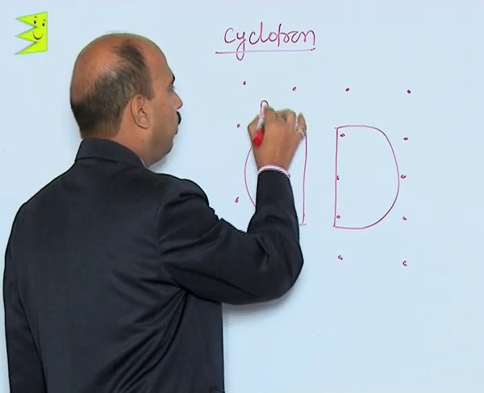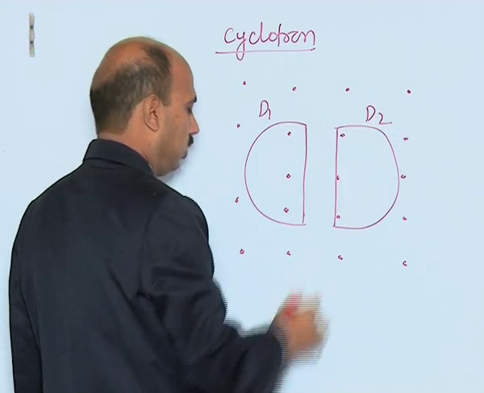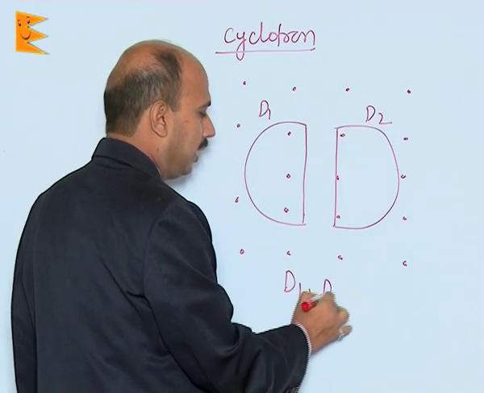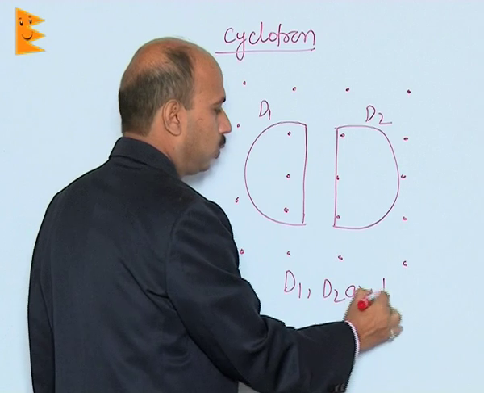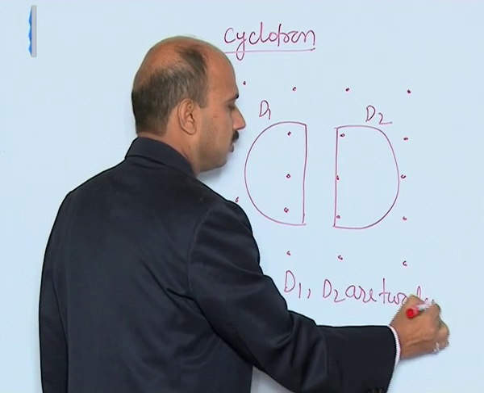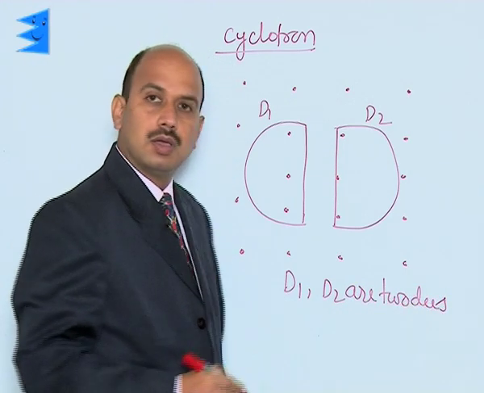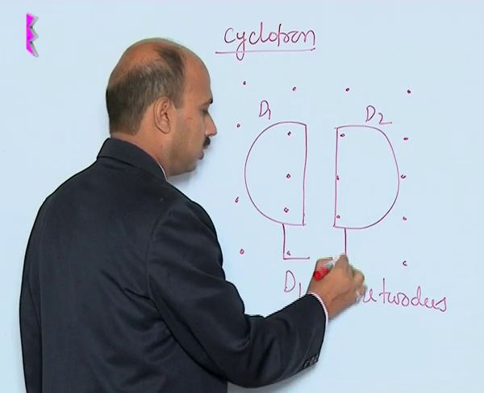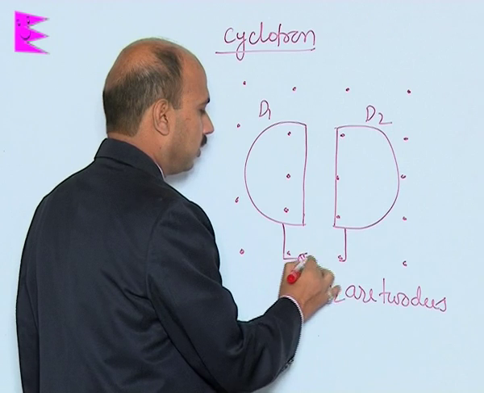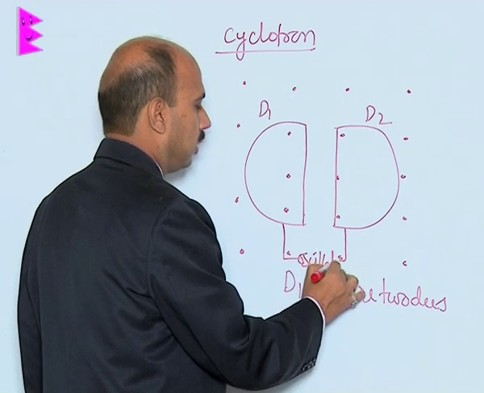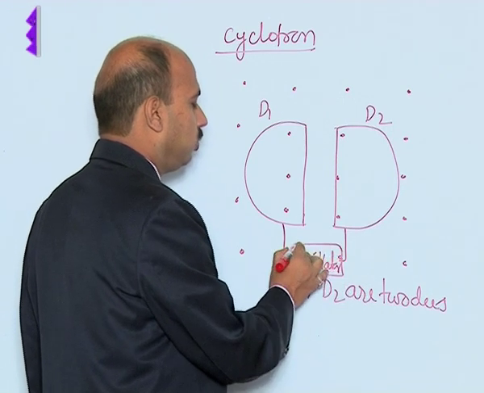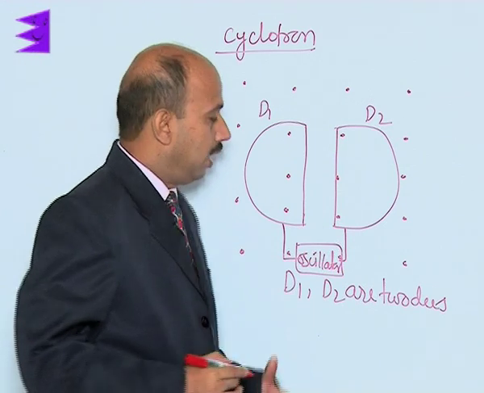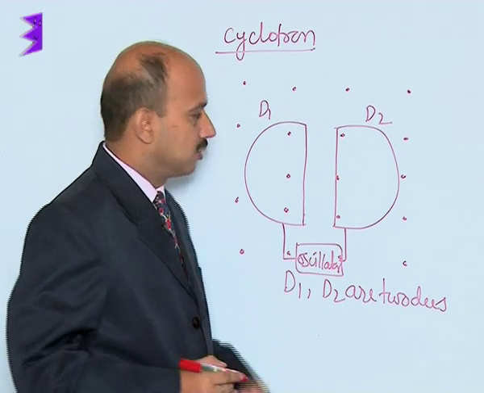This is called D1 and this is D2. These D's are connected to an oscillator. The oscillator is used to apply the voltage and its direction can be changed.